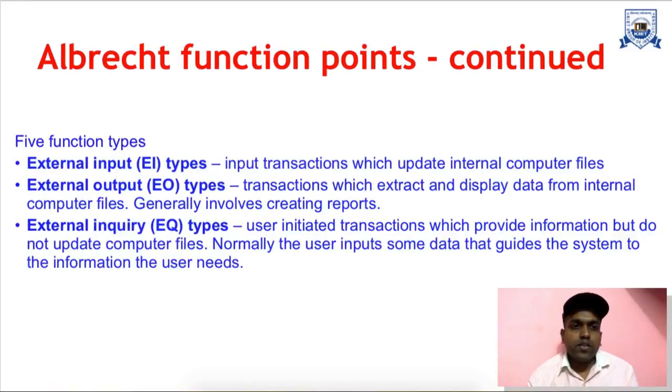The third one is external input type, denoted as EI. All the input transactions which update internal computer files are external input. Similarly, transactions which extract and display data from internal computer files, used to generate reports and so on, are known as external output.